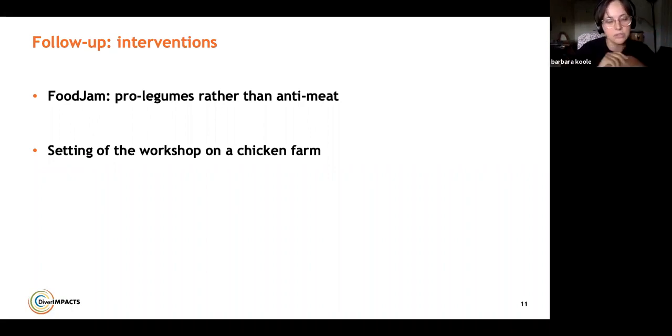And it's also very visible that after this first year, a lot of activity started. For example, one of the most vocal farmers that was really worried about veganism then asked the chef to organize a food jam on his farm, so he could spread the message to his neighbors about how nice the lentils that he grew were tasting. And other initiatives like this, and also further reaching initiatives and new collaborations, started from there on.